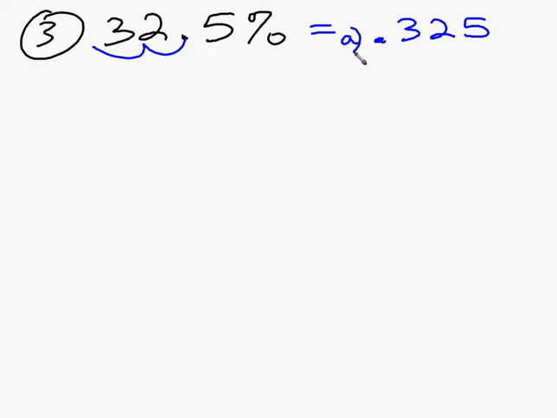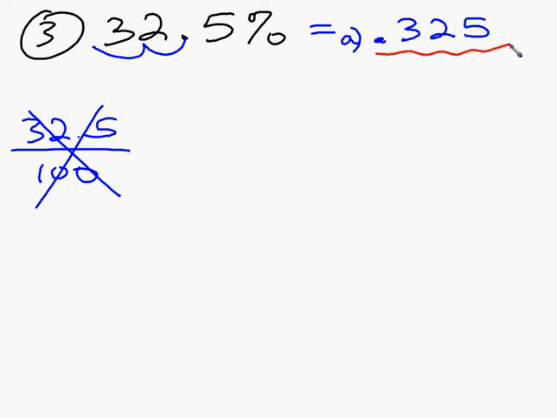Now, writing it as a fraction is a little bit different, though, because I don't want to write 32.5 out of 100. That's kind of messed up. So what you do on this problem is I use my answer from A to write it as a fraction. We worked on reading decimals in the fall. If I read that decimal, isn't this 325 thousandths?